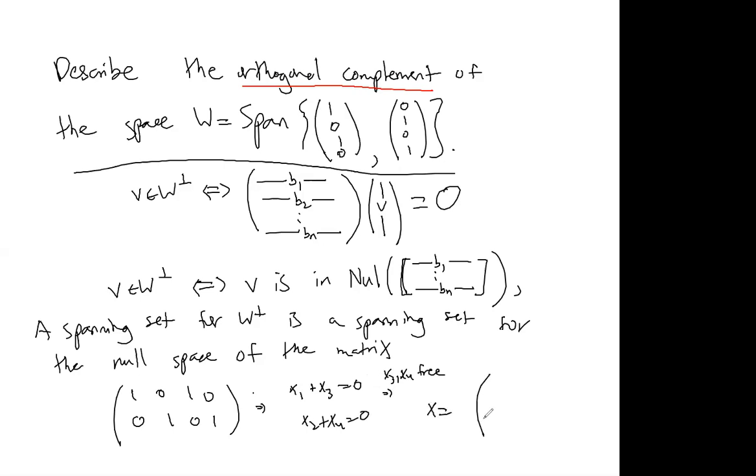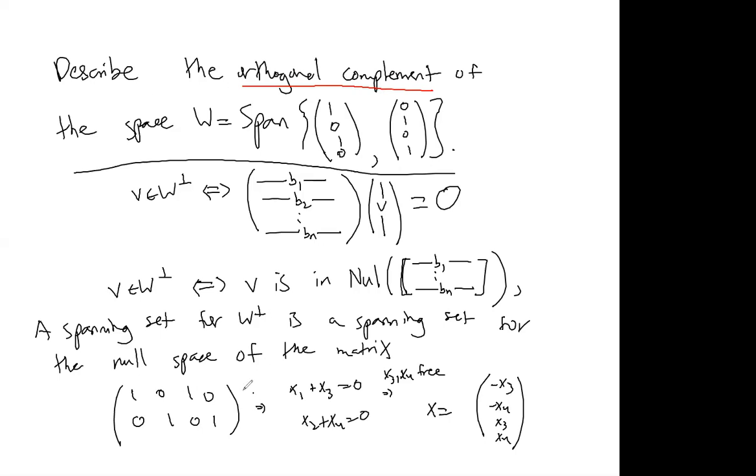There's a question: does a spanning set have to be linearly independent or just spanning? A spanning set, by definition, just has to be spanning. When we say describe a space, a spanning set is usually good enough, but it's always nice to get a basis.